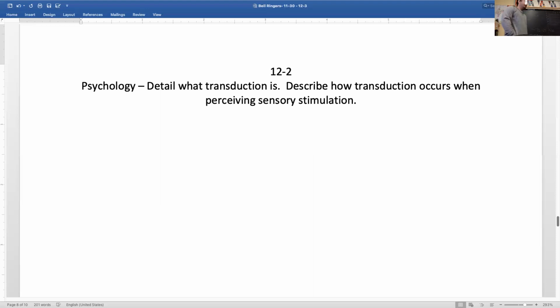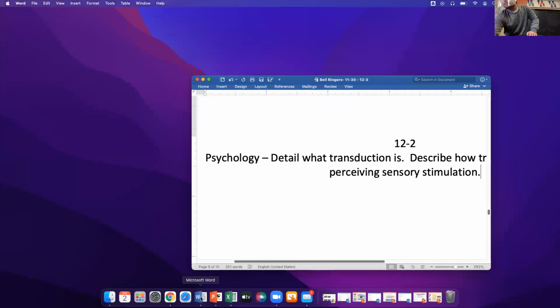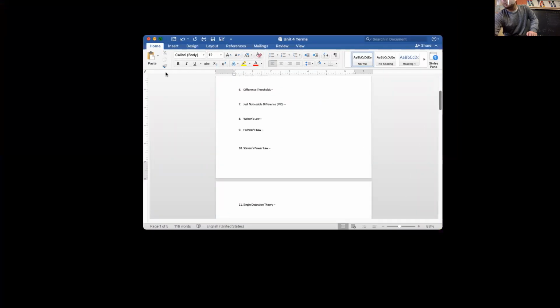All right, so today I want to talk a little bit about absolute threshold. I want to talk about signal detection theory. I want to talk about sensory adaptation and a couple laws that belong to this, and just noticeable difference. Okay, so terms for today. If I have to zoom in, let me know. Maybe I do have to zoom in a little bit.